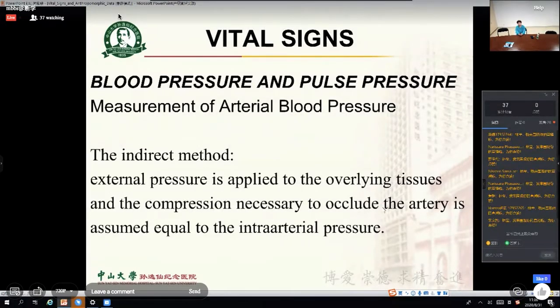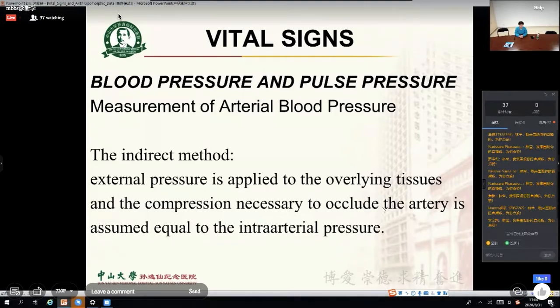And the fourth vital sign is the blood pressure. The first one is the temperature, the pulse, and the respiration. And then the fourth one is the blood pressure and pulse pressure. You need to master this technique to measure the blood pressure, so this is a must-test thing you need to grasp.